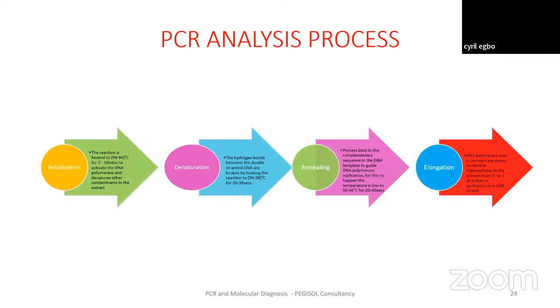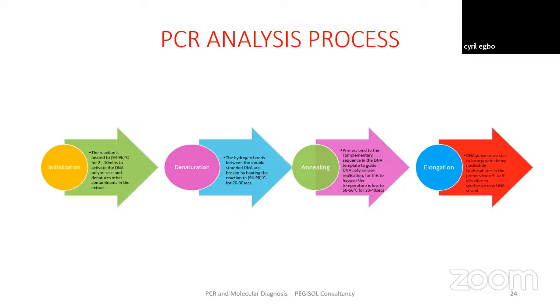So the PCR process that I just explained is these 4 stages. In some cases, they will tell you it's 3 stages. But for me, the initialization process is the stage at which all the contaminants are actually released.